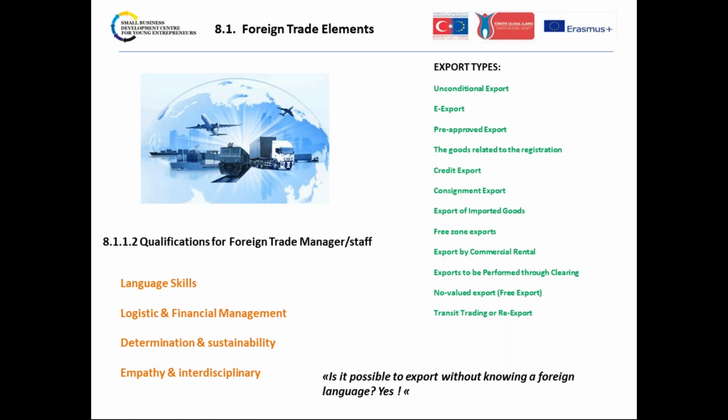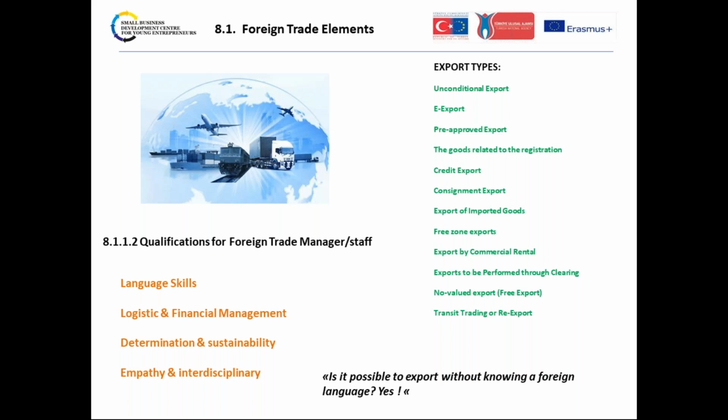Another important thing for export is determination and sustainability. Statistics show us, like in Turkey, 60 or 65% of first-time exporters do not continue their export in the next years.